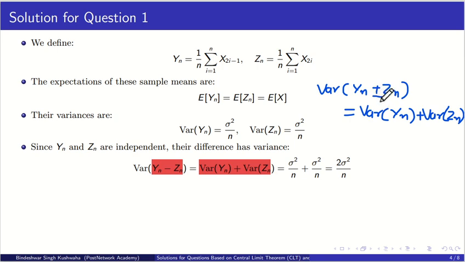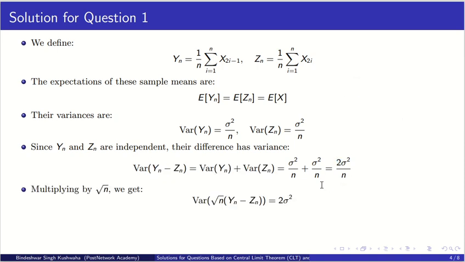So even if it is minus or plus, you will add the variances. So that would be equal to 2 sigma square upon n, and if you multiply it by root n, you will get 2 sigma square.